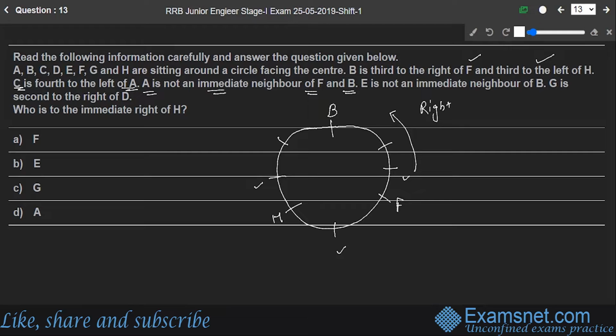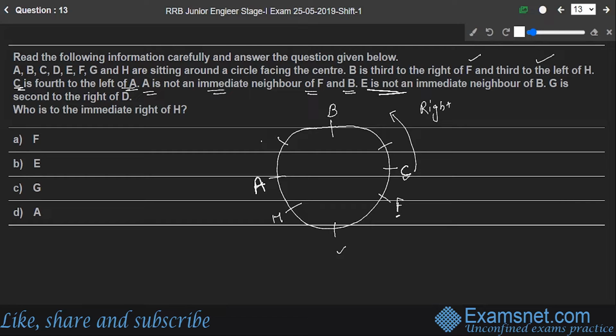We had C is fourth to the left of A. So that means the only possible places are A over here and C over here. Next, A is not an immediate neighbor of F and B. F is of course over here, and B, yes, done.